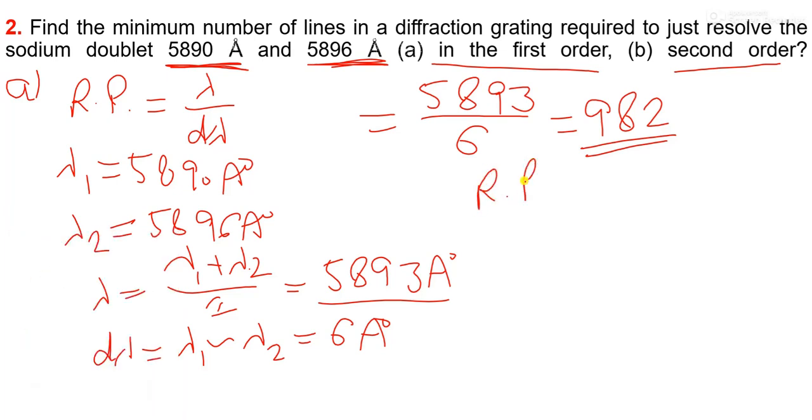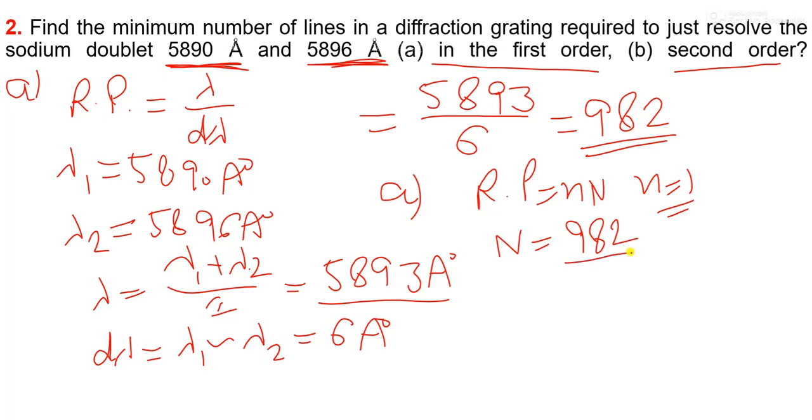So the resolving power equals 982, and resolving power is also equal to small n into capital N. For first order, small n equals 1. So here resolving power equals capital N, and resolving power is 982. So the value of capital N, meaning the total number of lines, equals 982.